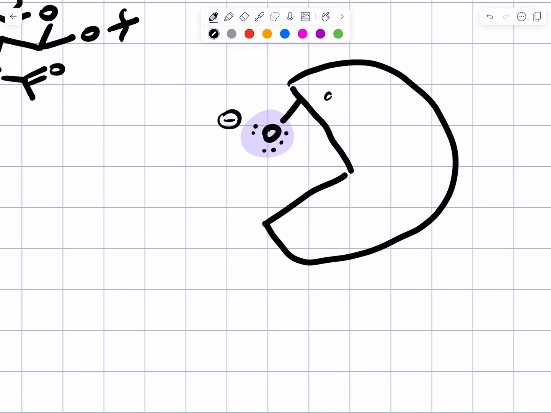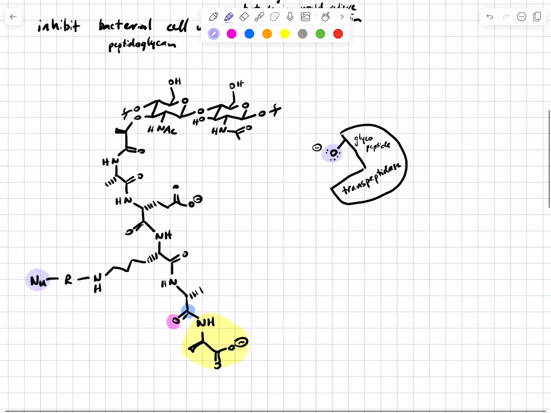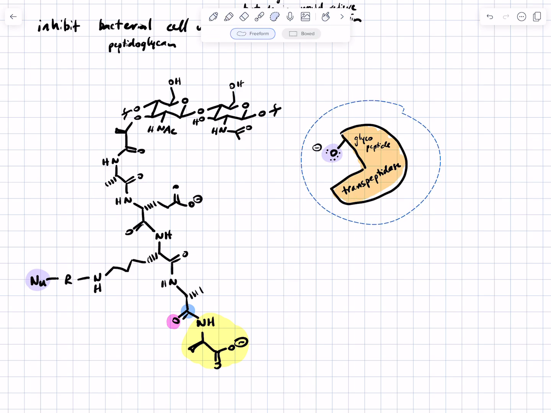This enzyme is called glycopeptide transpeptidase, and it's supposed to do the reaction I just showed you, which is a transpeptidase reaction. And for fun, because Pac-Man, we'll just color this orange, okay? So the function of the enzyme, what I showed you is the end goal.